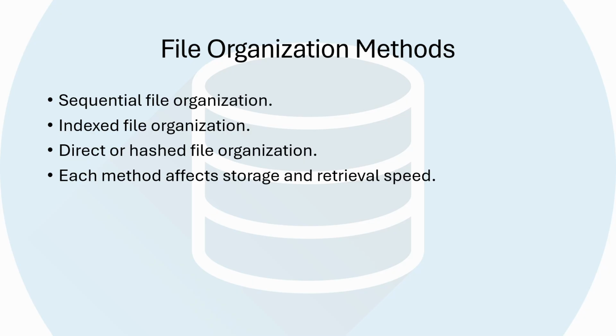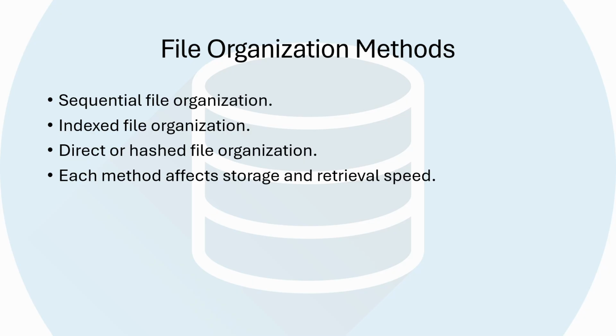In traditional file processing, how data is organized within a file significantly impacts performance. Sequential file organization stores records one after another in a specific order, often sorted by a key. It is efficient for batch processing but slow for random access. Indexed file organization uses an index to locate records quickly.